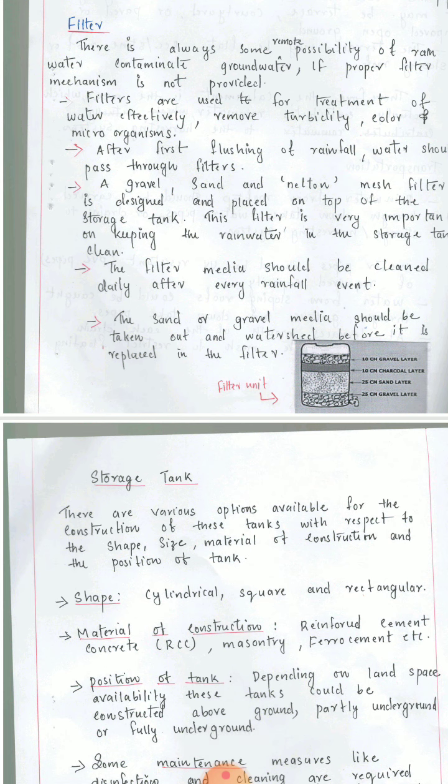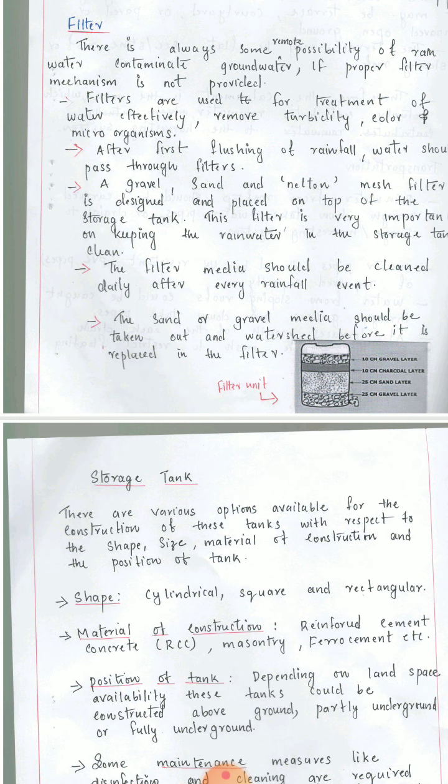Next is the filter. There is always some remote possibility of rainwater contaminating groundwater if a proper filter mechanism is not provided. This is the case where we are interested in recharging the groundwater. If we allow the water to flow into the ground surface, it is of no problem. If we want to use this water directly, then we need to provide some filter techniques.